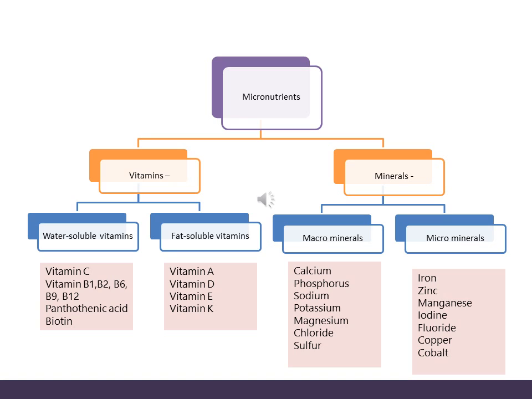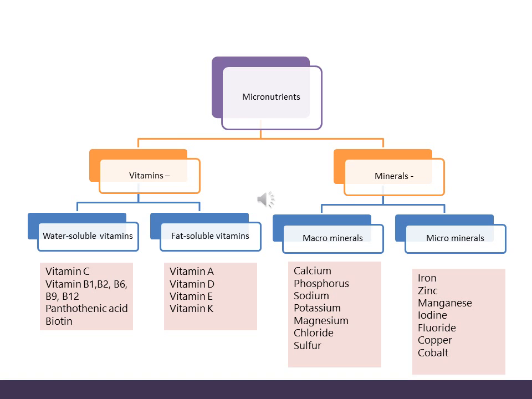Micronutrients could either be vitamins or minerals. I know you are very familiar with vitamins. A vitamin is an organic compound that cannot be manufactured by the body, but it is required in small quantities in order to catalyze metabolic processes.